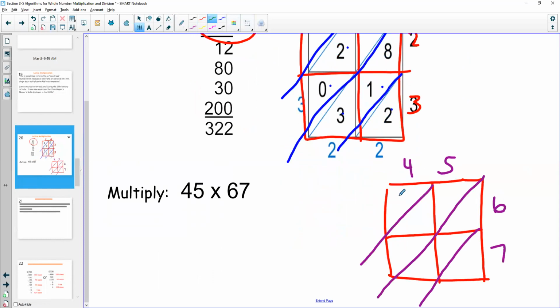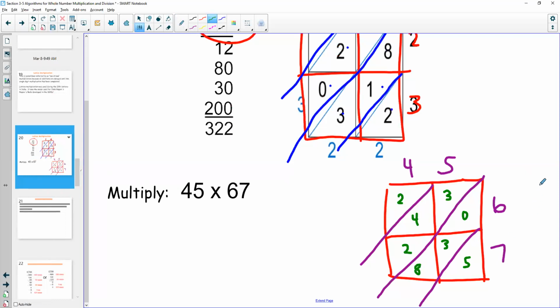All right, let's go. 4 times 6 is 24. So I'm going to put 2 in the tens place, 4 in the ones place. 5 times 6 is 30. 3, 0. 5 times 7 is 35. 4 times 7 is 28.